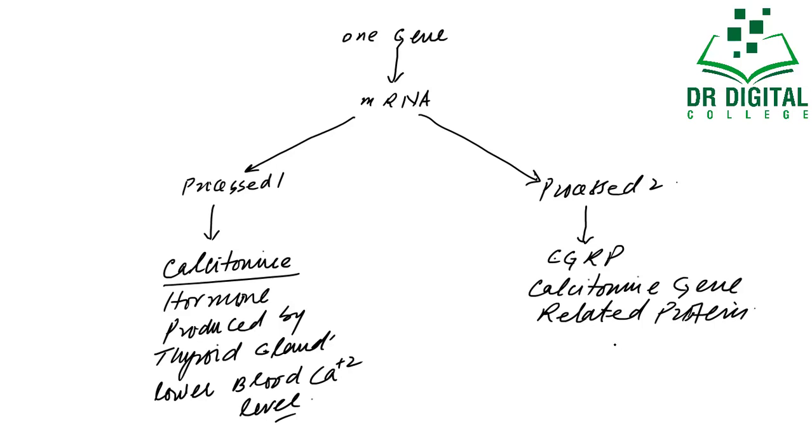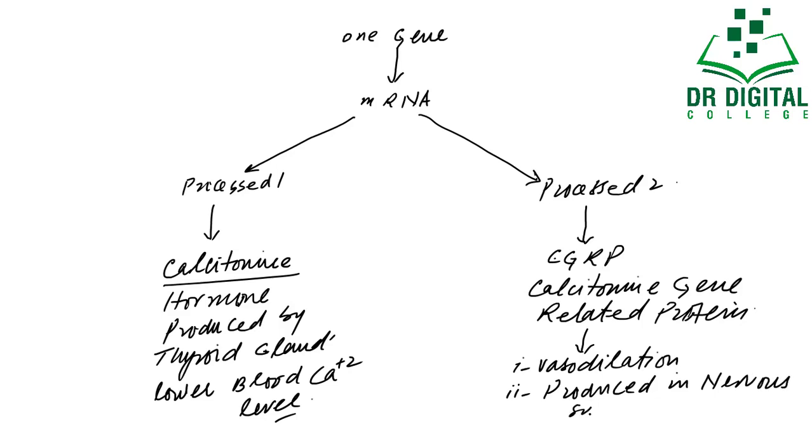You know that its function is vasodilation, that it will cause the dilation of blood vessels, and it is also produced in the nervous system, central nervous system, brain and spinal cord, and the peripheral system, different nerves, and its function is the transmission of pain stimuli, or you could say stress stimuli.